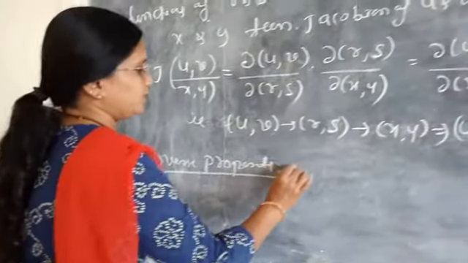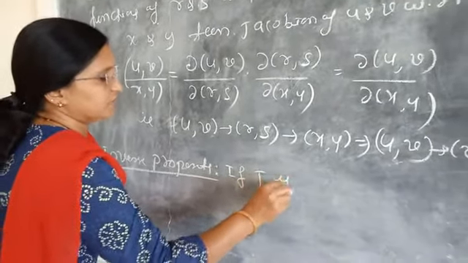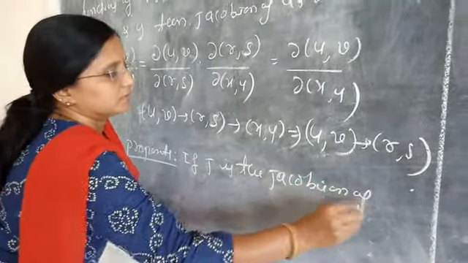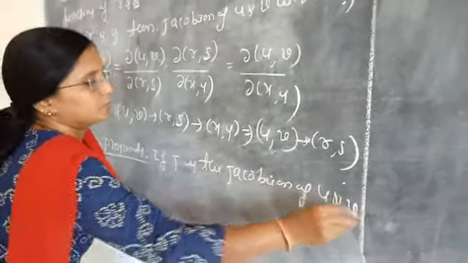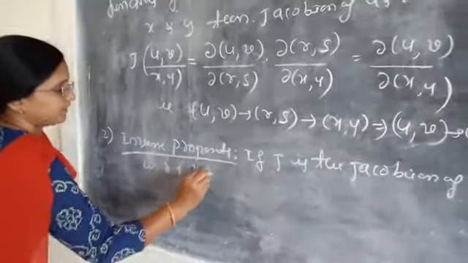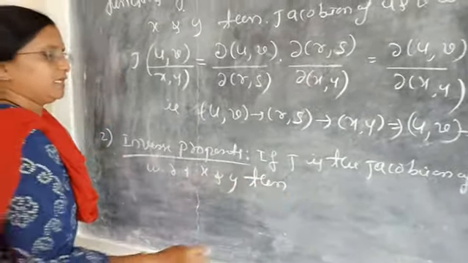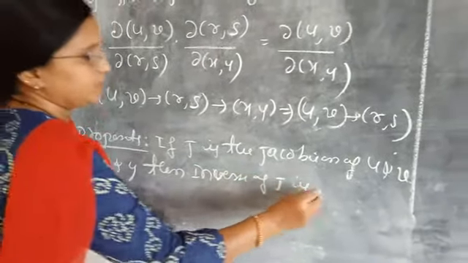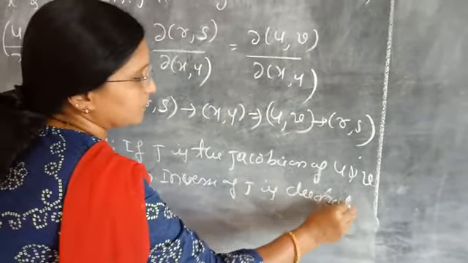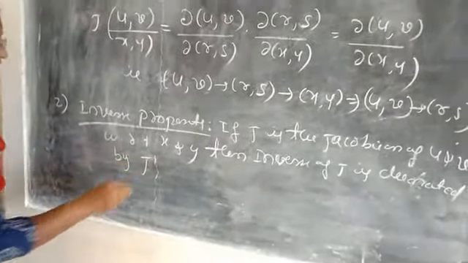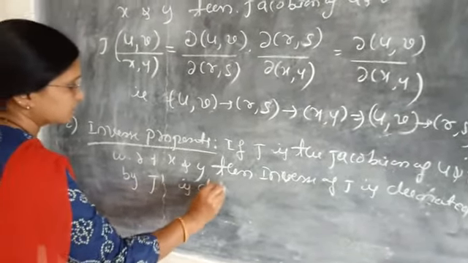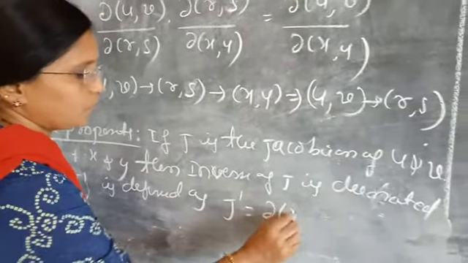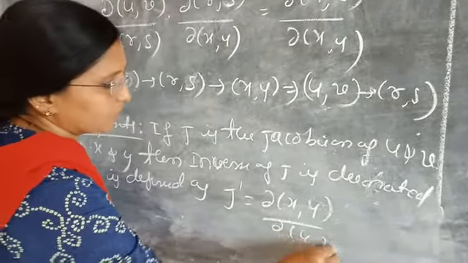Here, if J is the Jacobian of u and v with respect to x and y, then the inverse of J is denoted by J' and is defined as J' = ∂(x,y)/∂(u,v).